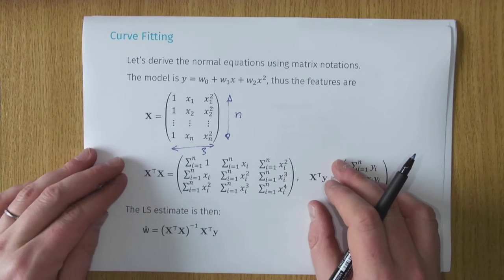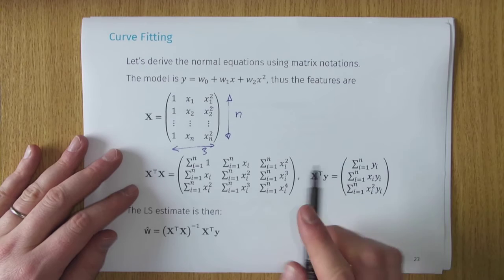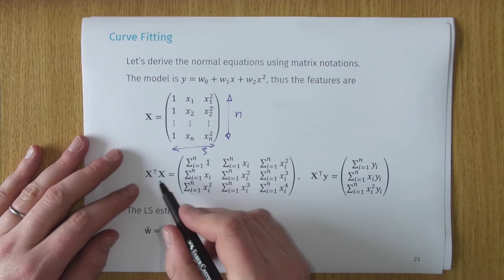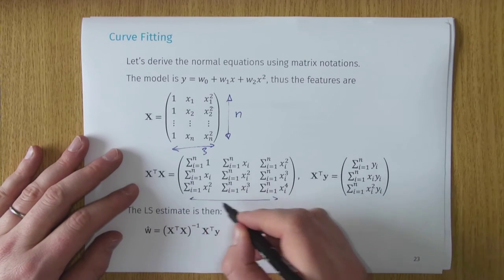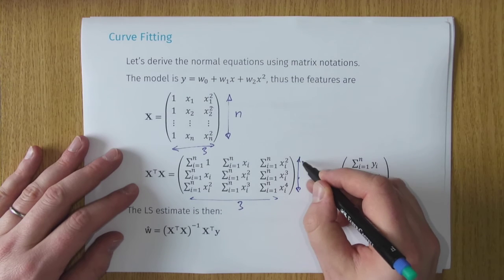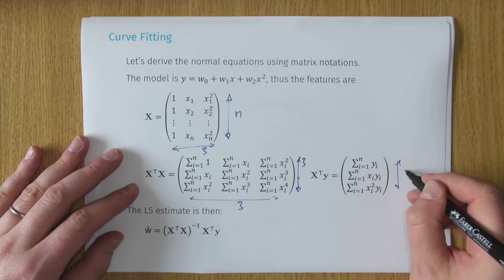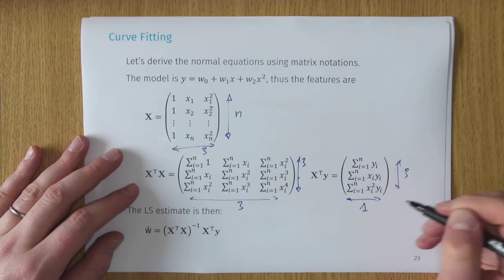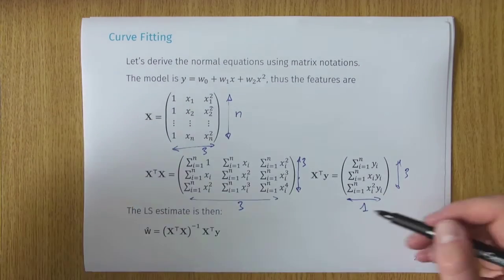When you estimate the least square, the x transpose x matrix is then 3 by 3, so you have 9 elements here, and this is 3 by 1. It's always going to be p by p and p by 1.